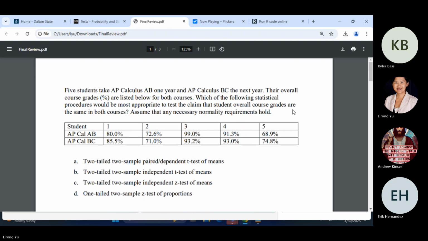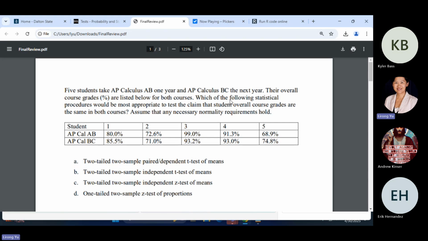It will be B. Okay, yeah, I think you are correct. A is a two-tailed, two-sample paired test. It did say 5 students taking both classes, so it should be A, it's paired.